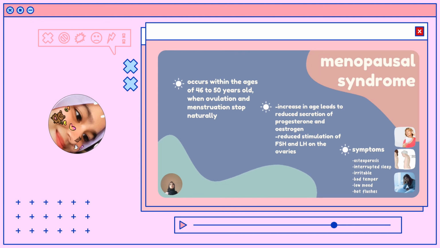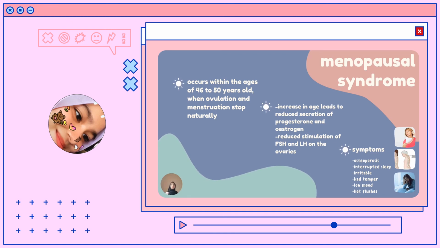Okay, so this reduced secretion of progesterone and estrogen hormone reduces the stimulation of FSH hormone and LH hormone on the ovaries. If you forget what FSH hormone and LH hormone are, you can go to biology textbook page 254.